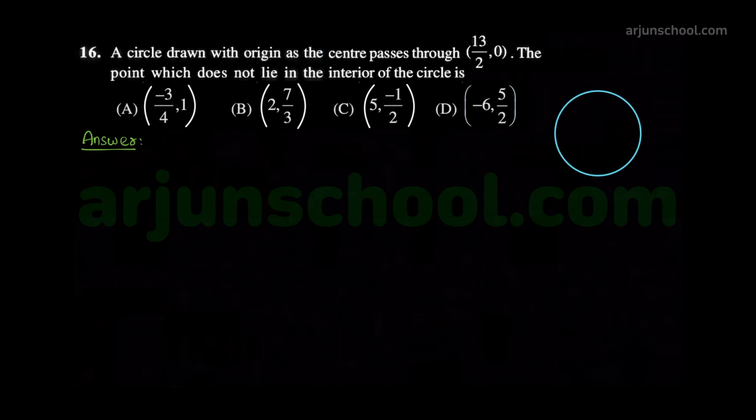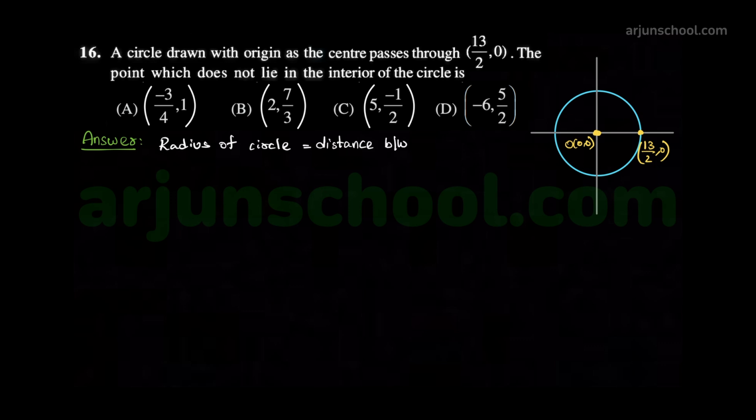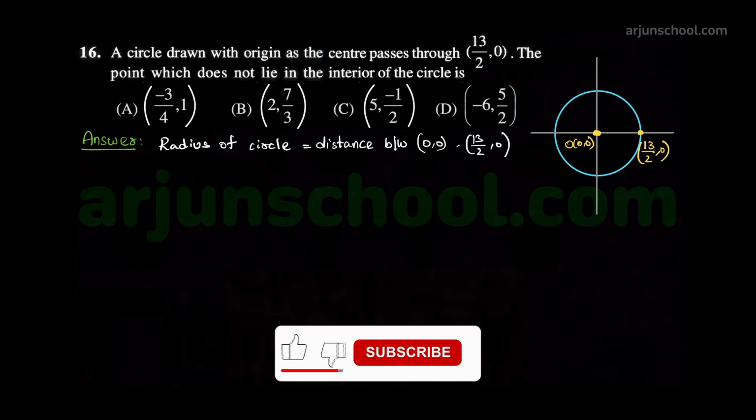Now let us draw a circle diagram that passes through the point (13/2, 0) with origin as the center. Now let us find the radius of this circle. Radius of the circle is equal to the distance from the center of the circle, the origin, to the point on the circle (13/2, 0).